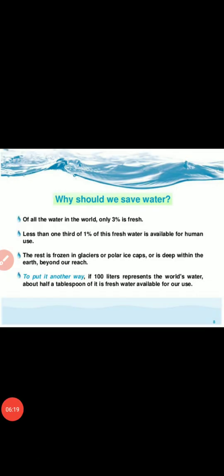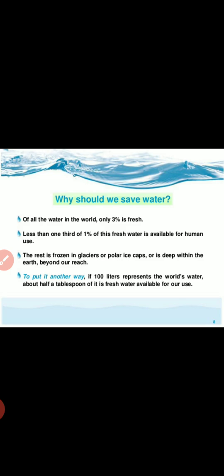Our oceans contain 97% of the water, but we cannot use that water for drinking because ocean water is not potable. It is not suitable for our health because it is too salty.